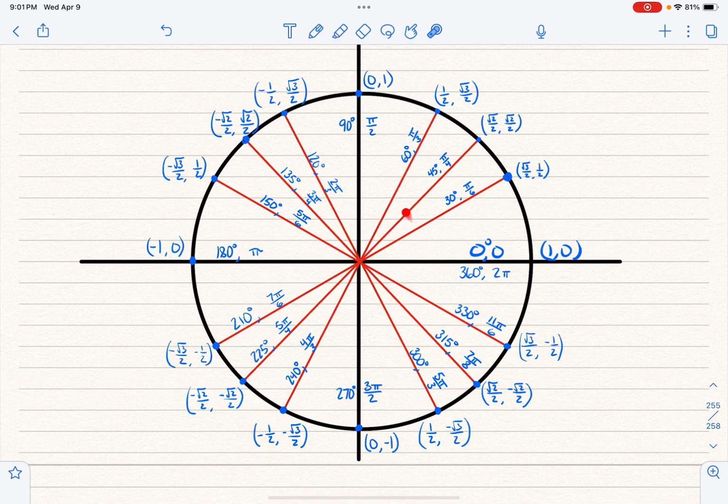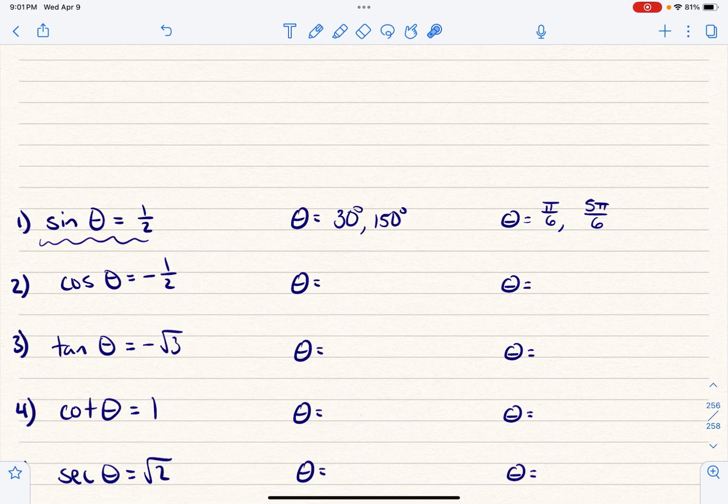So we want the angle 120 and the angle 240, and what they are in radians. Okay, so the x coordinate is negative 1/2 at 120 and 240. And 120 is 2 pi over 3, and 240 is 4 pi over 3.